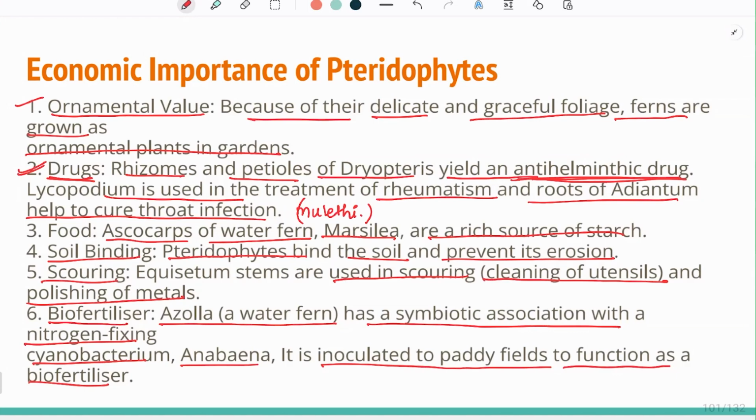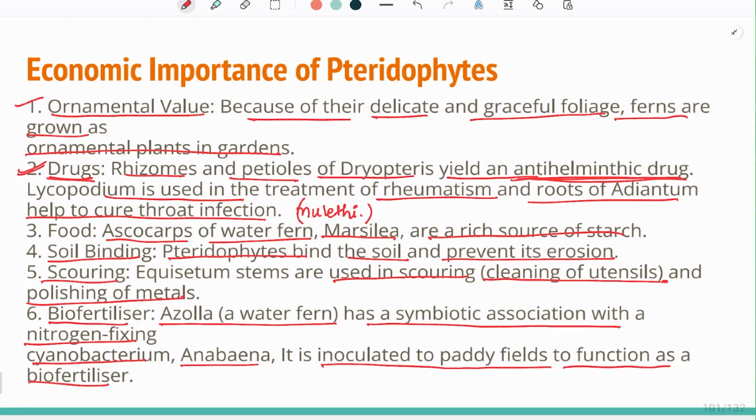Not many uses of pteridophytes are usually seen, but some are used as an ornament, which is the most common. The second one is drugs. Sometimes they are used as food, as sporocarps of the water fern Marsilea are a rich source of starch. They can be used in soil binding, which will prevent soil erosion.